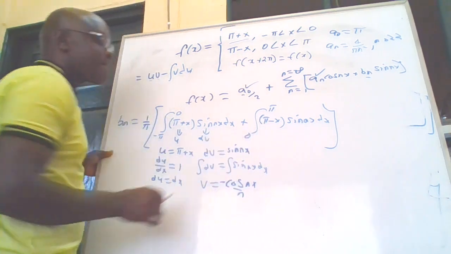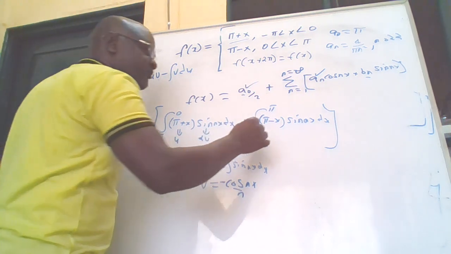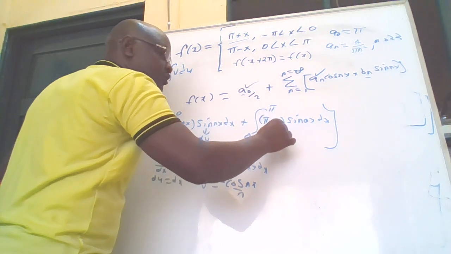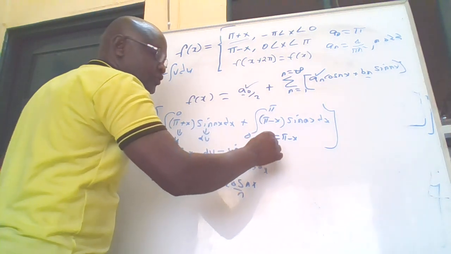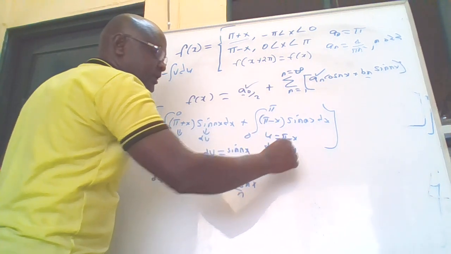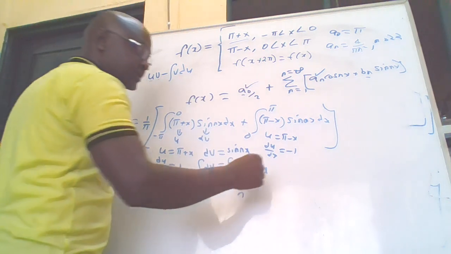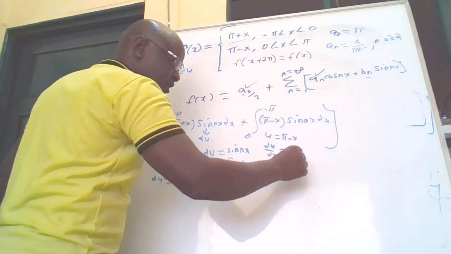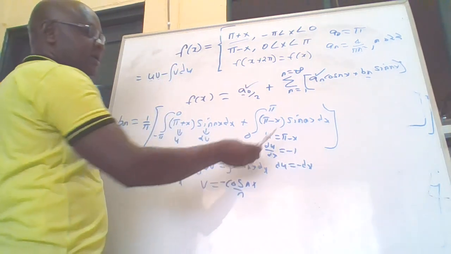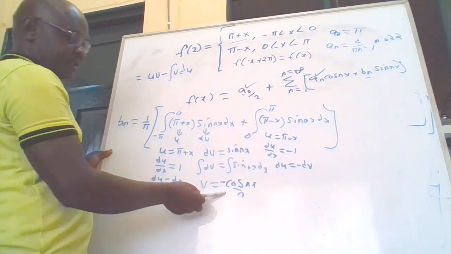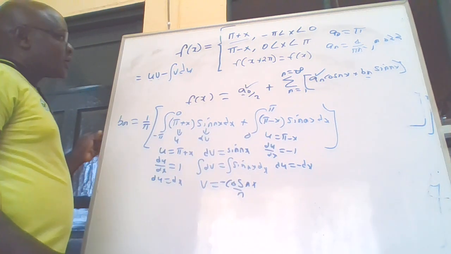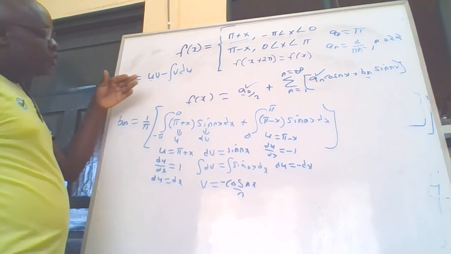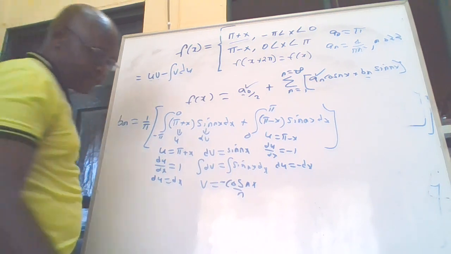And then here you have u equals pi minus x, so du/dx equals minus 1, meaning du equals negative dx. And then the value of v is the same as that one. So once we have u, v and du, we can now substitute in this formula.